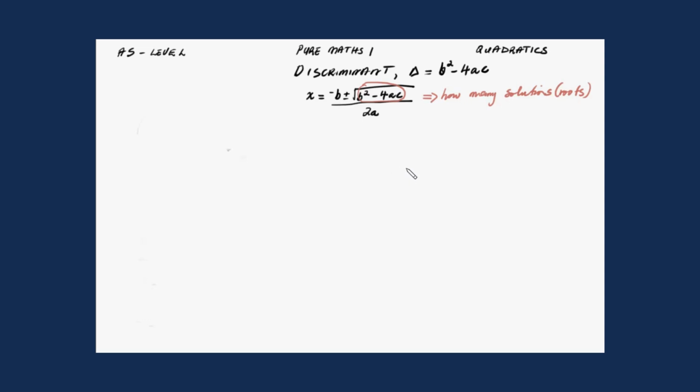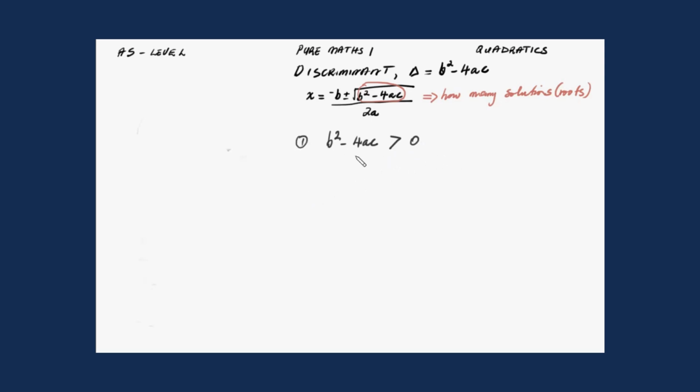Now, there are three main cases here that I want us to look at today. Case number one has to do with the discriminant being greater than 0. The discriminant b squared minus 4ac being greater than 0. That is case one.